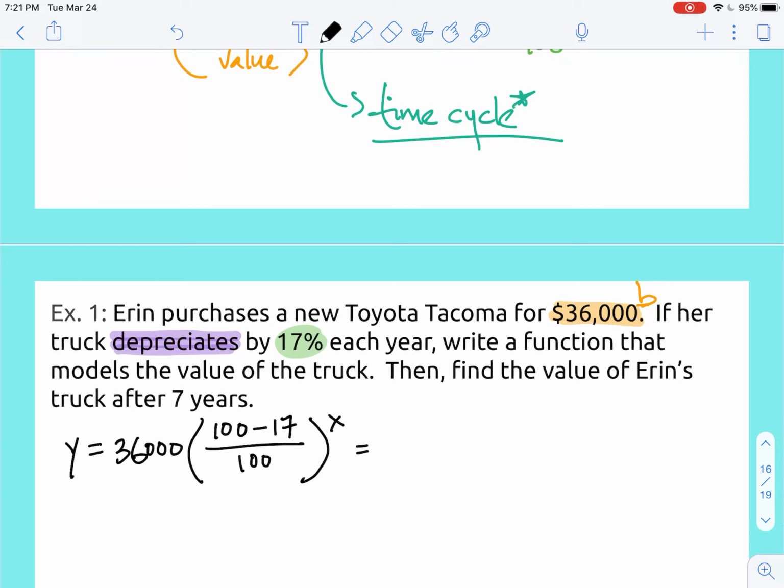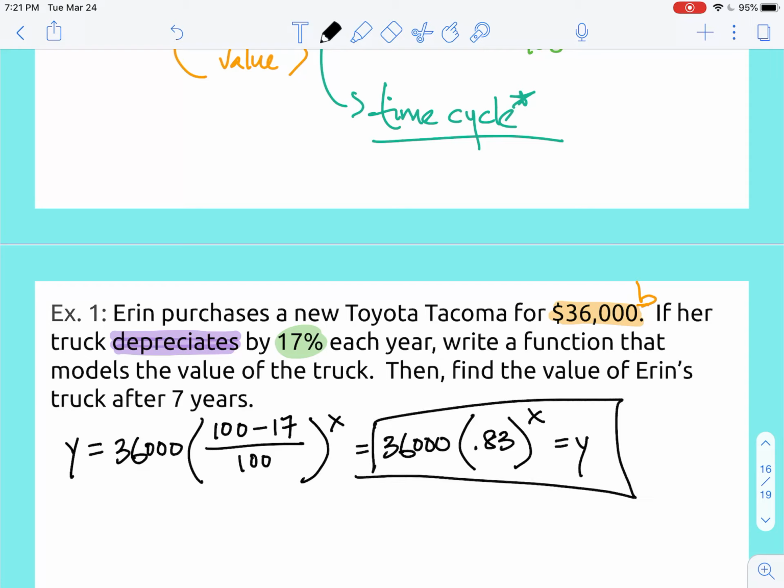If you want to clean that up a little bit, I would suggest turning that big fraction inside of the parentheses into a decimal. So 100 minus 17 gives me 83, and 83 divided by 100 gives me 0.83 to the x. On an exam, you can just write this part when I ask for the function that models it.